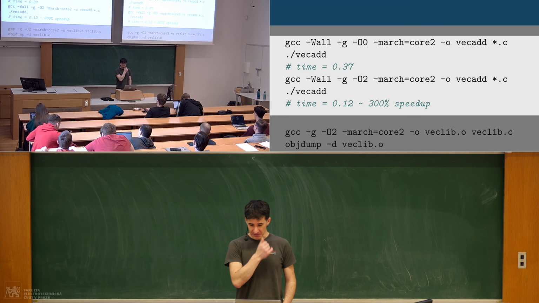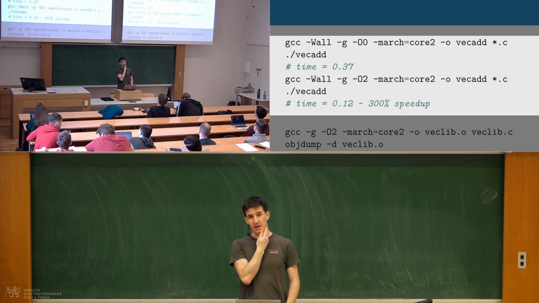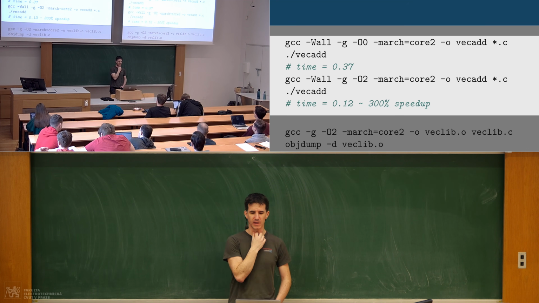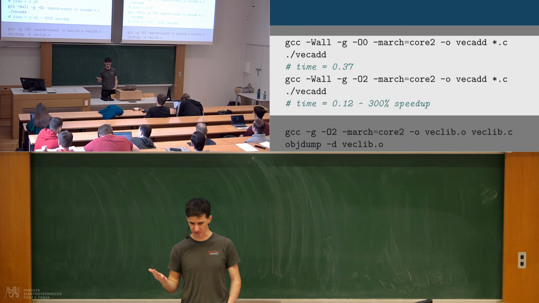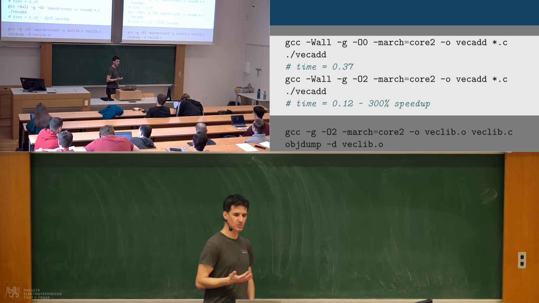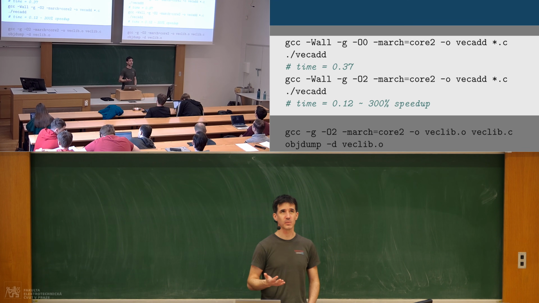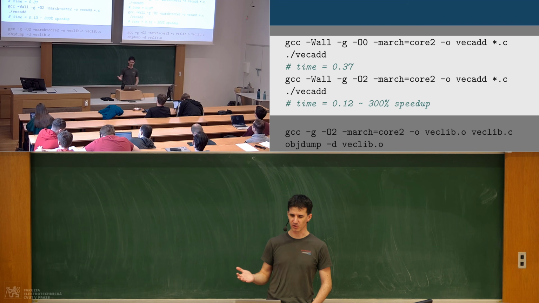On the other hand, the compilers are not perfect. In many cases, the compilers have heuristics inside, and those heuristics just decide whether to apply this optimization or that optimization.